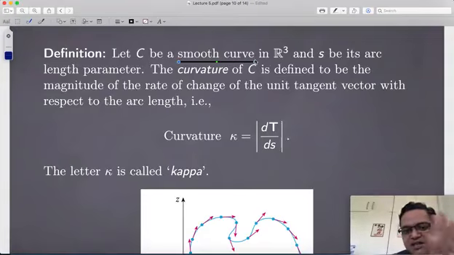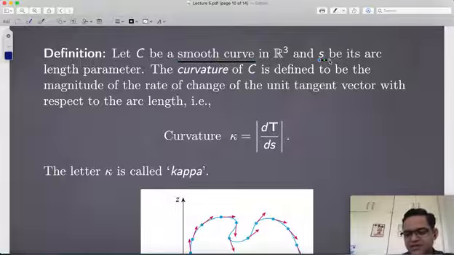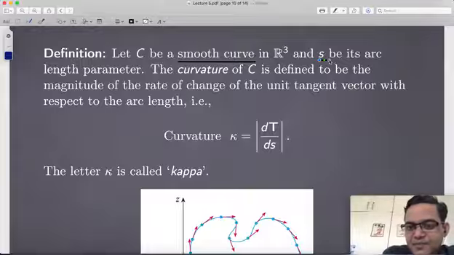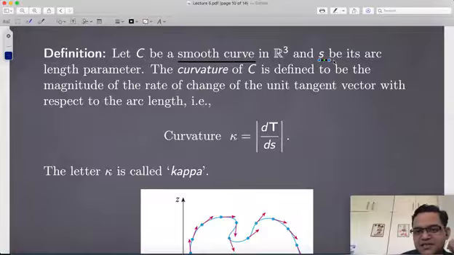The notation S is the same as we defined in the previous class: the arc length. So we have a curve, and this is the arc length function or arc length parameter.